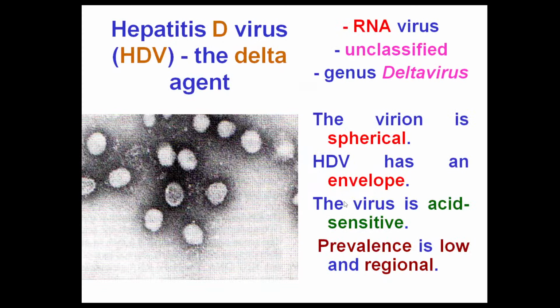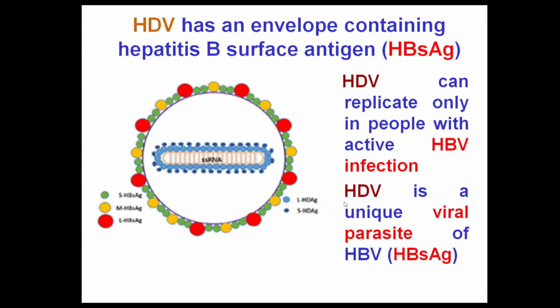Now, a few words about hepatitis D virus. That is called the delta agent. It is an RNA virus. The virion is spherical, and it is an enveloped virus. The virus is acid sensitive and prevalence is low. Here you can see the structure of this virus.